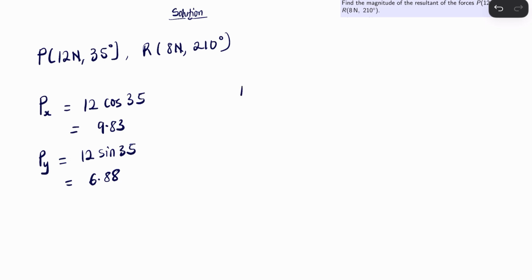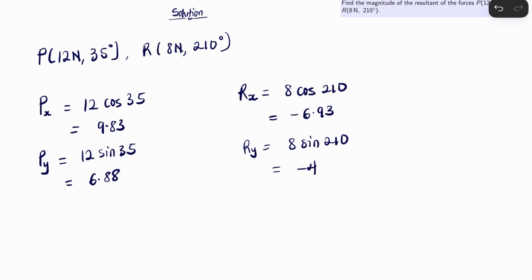Also, let's compute R along the x-axis. That's going to be 8 times cosine of 210, and this is equal to minus 6.93. Then R along the y-axis is going to give us 8 times sine of 210, and this is equal to minus 4.